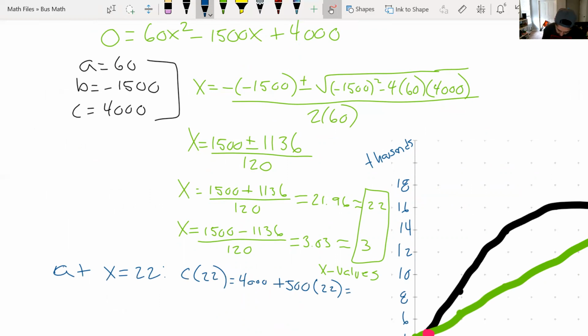And then the same here. At x equals 3, c of 3 equals 4,000 plus 500 times 3. Let's see what we get.